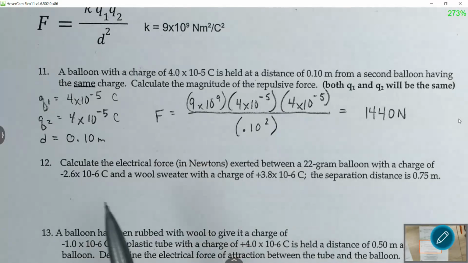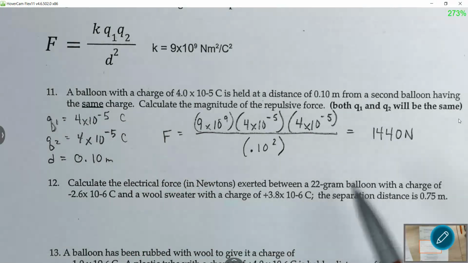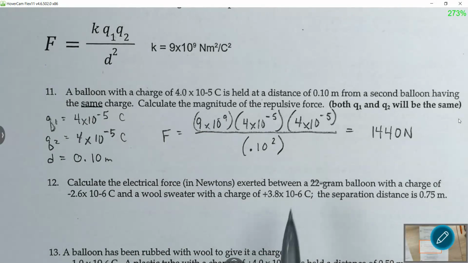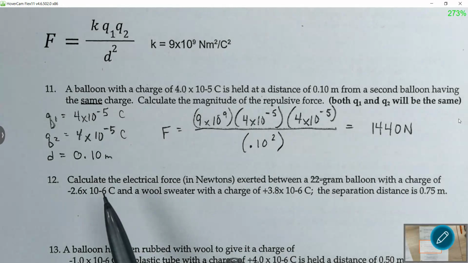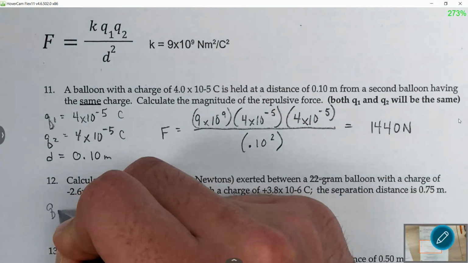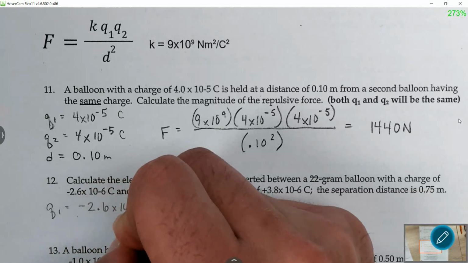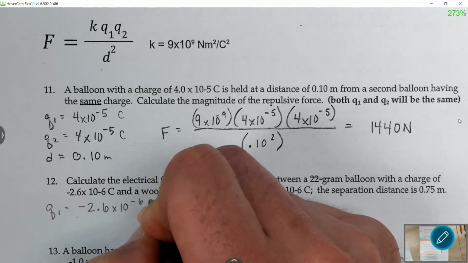In the next one, calculate the electrical force in newtons exerted between a 22 gram... Do we need to know the mass of this thing in order to figure out the electric force? No, we don't see a mass in here, so that's irrelevant. We don't need that. It has a charge of negative 2.6 times 10 to the negative 6 coulombs, so I'm going to write Q1, negative 2.6 times 10 to the negative 6th coulombs.